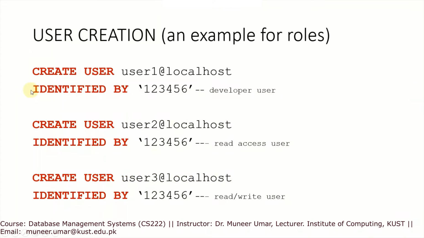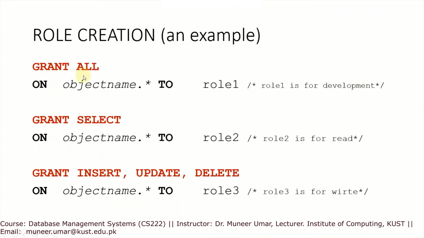So we need to type grant all. We are giving all the privileges. So on static a database and its all objects to role 1. So by executing this command we will give all the privileges to role 1 for a particular database.